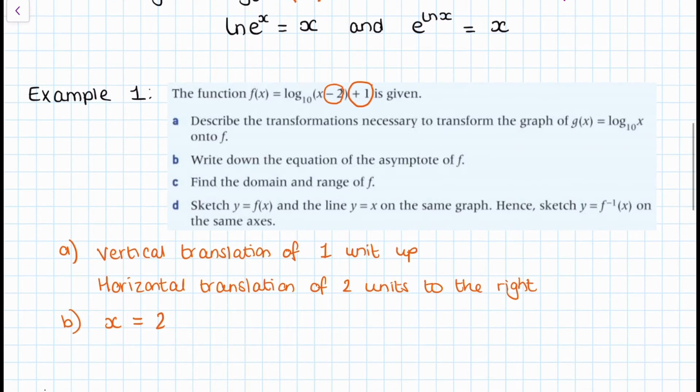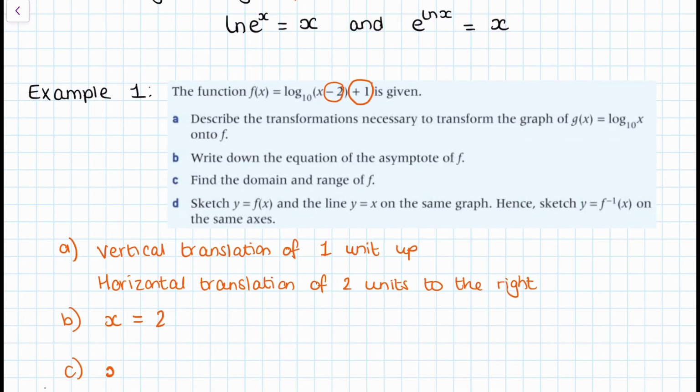Part C, find the domain and range. As the asymptote is when x equals 2, it means for our domain, x must be greater than 2. And our range is going to be all real values. So if you think about it, very similar to exponential, but the opposite.